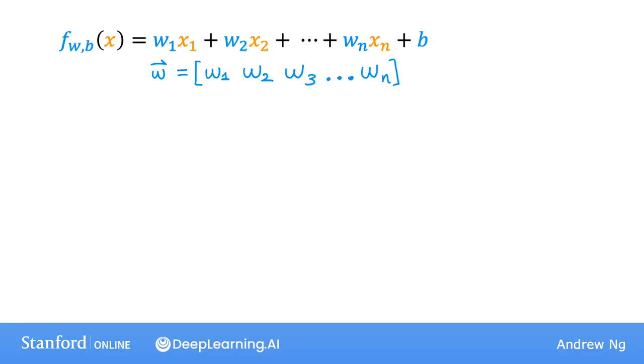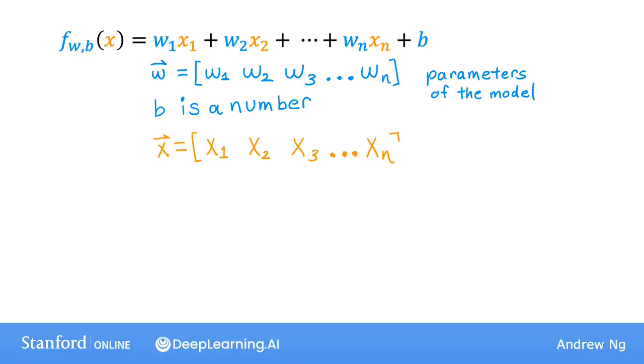Next, same as before, b is a single number, not a vector. And so this vector W together with this number b are the parameters of the model. Let me also write X as a list or a vector, again a row vector, that lists all of the features x1, x2, x3 up through xn. This is again a vector, so I'm going to add a little arrow up on top to signify.